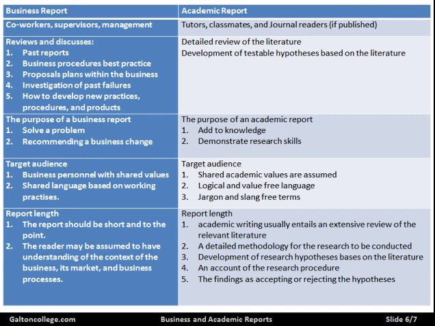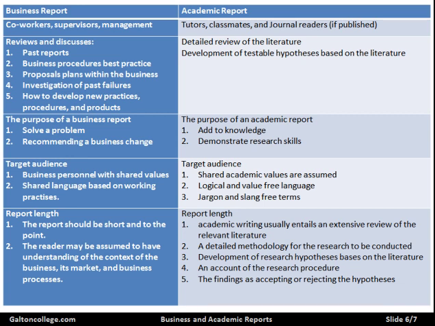The review and discussion part, well, here there is a detailed review of the literature, and the literature will throw up some testable hypotheses which can be used as the basis for the inquiry itself. So here the literature is a published literature, and out of this the hypothesis may be derived. Whereas with the business report, it was past reports, business procedures, best practices and so on.